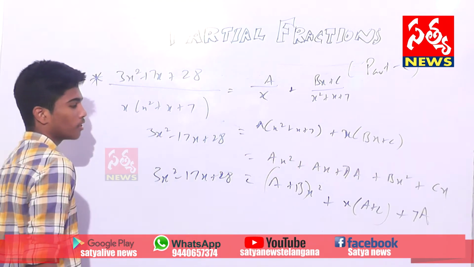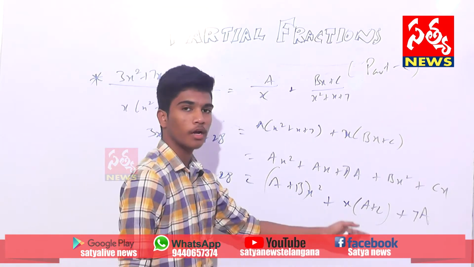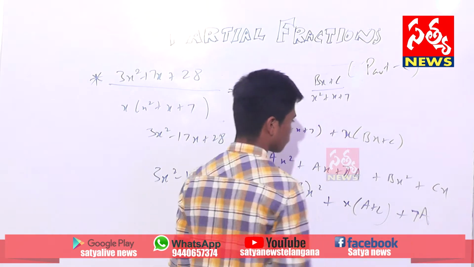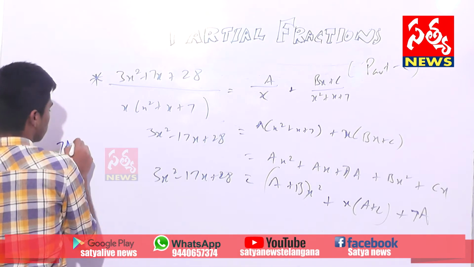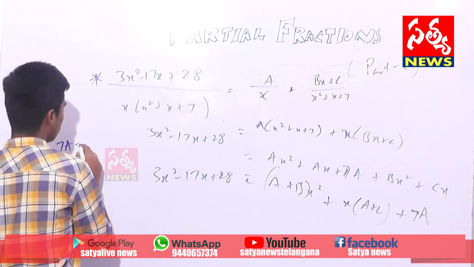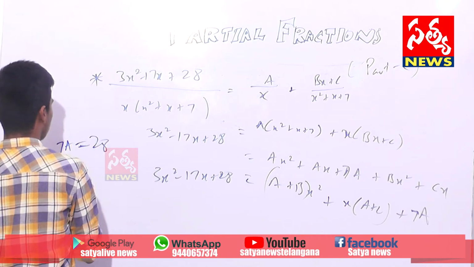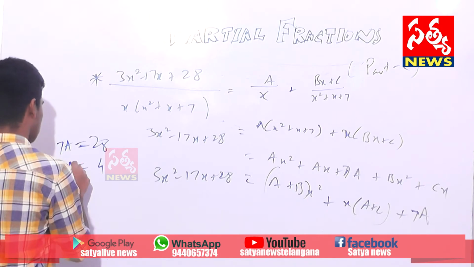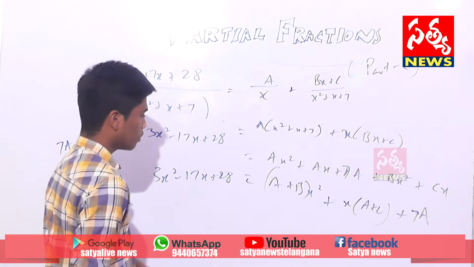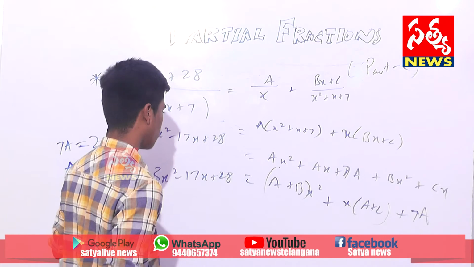Now equate the coefficients of x square, x and constants. First of all, let's equate the constant. 7A is equal to 28, so A is equal to 4. Now A plus B is equal to 3 here.